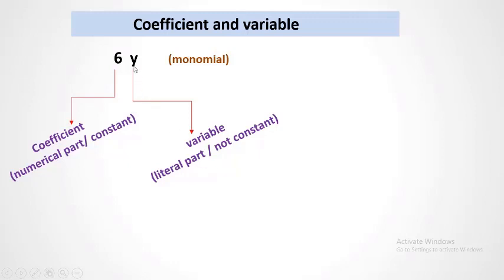Here we have one variable. We said that a monomial is a product between a number and variables, so we may have more than one variable. 6y consists of a coefficient, which is the numerical part, and a variable, which is y, the literal part.